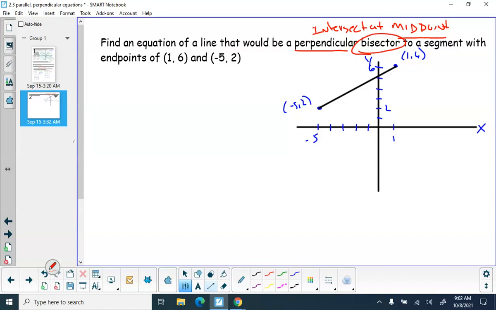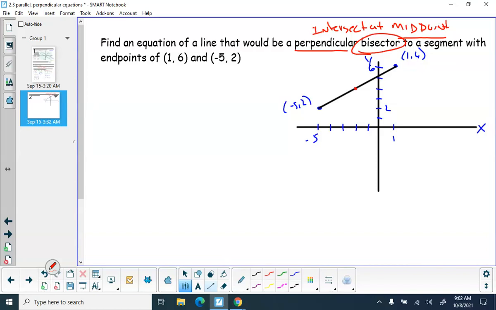When you bisect something, you're intersecting it at a midpoint. And we have to do this perpendicularly.